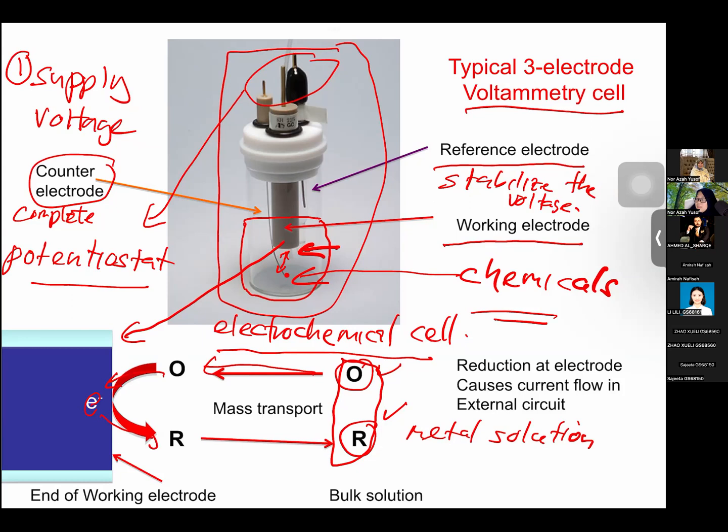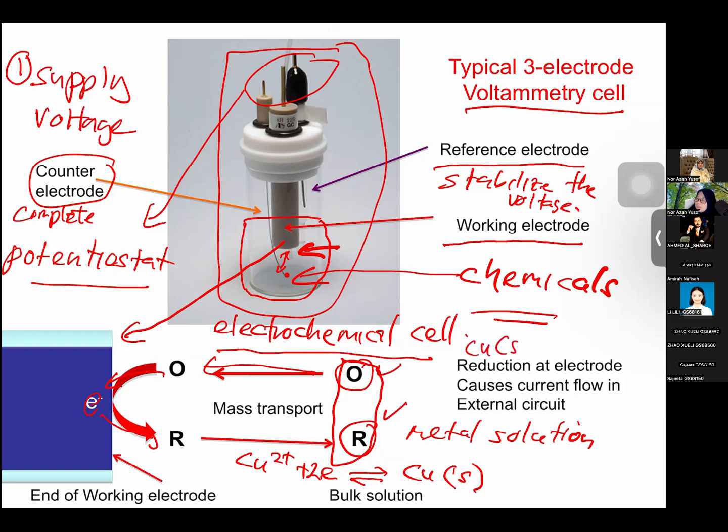That is basic. For example, if you have copper 2 plus, it will receive 2 electrons, forming 1 mole of copper in elemental form, which is solid. So this is the reduction of copper. If it is oxidation, it is vice versa.